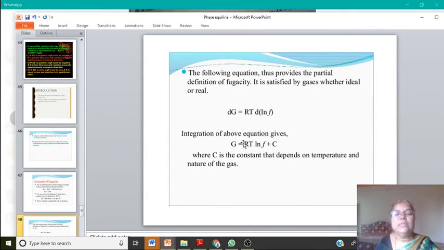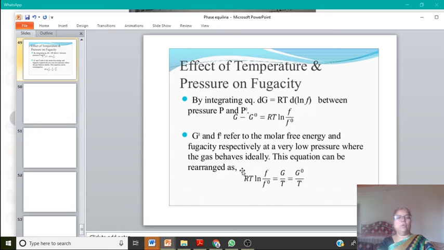Integrating this equation we get G is equal to RT ln f plus C, where C is the constant that depends on temperature and nature of the gas.